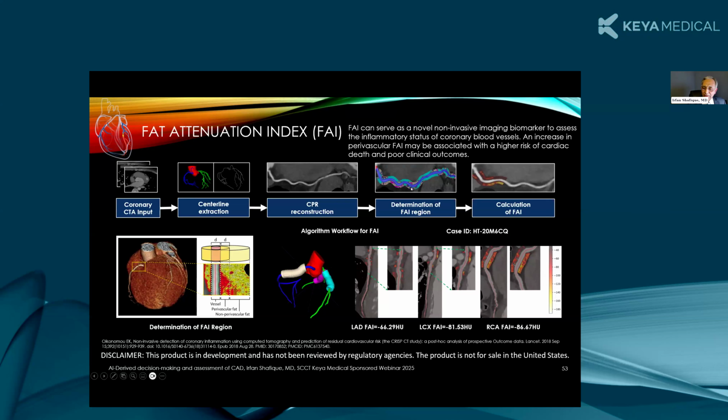The more the fat gets stranded, the dirtier it gets, it means that there's more inflammation in the coronary vessels. It is a marker to assess the inflammatory status of coronary blood vessels, and increased perivascular fat may be associated with higher risk of coronary cardiac death and poor clinical outcome.